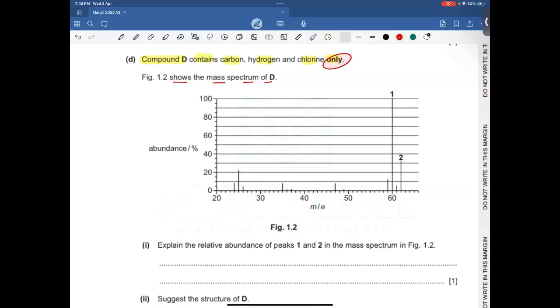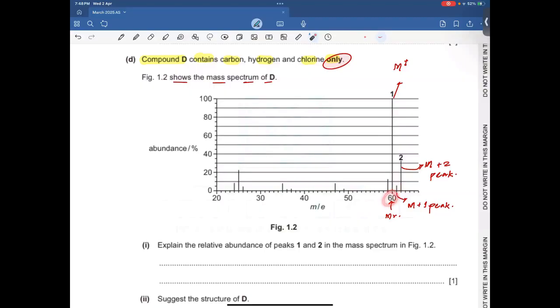See, this is your molecular ion peak, because it will give you the information about the molecular mass of the compound. So the molecular mass of the compound is 60. This is the M+1 peak, and this is the M+2 peak. If molecular mass is increased by 1 unit, it becomes the M+1 peak, which is 61.